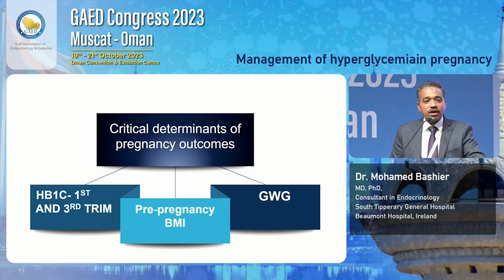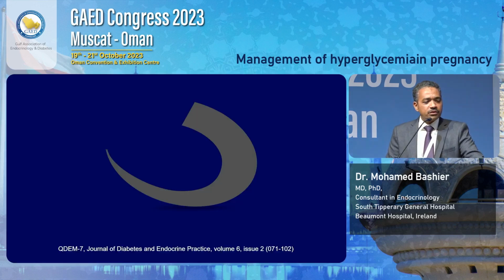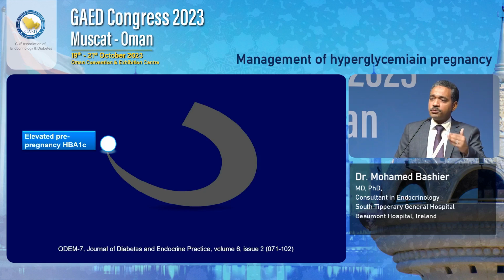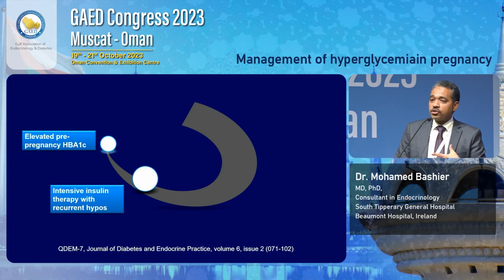As you can see, two factors are already predetermined when you start the pregnancy, and then it depends on when you get the patient, before you try to impact the third trimester HbA1c. The earlier, the better. We found a kind of rolling ball in our cohort. Patients who started pregnancy with an HbA1c of 9% or above, we treat intensively with insulin.